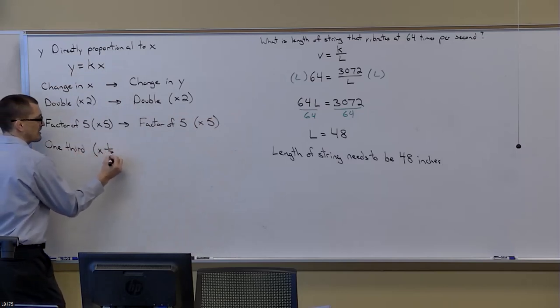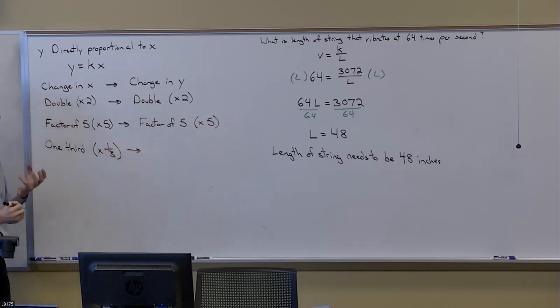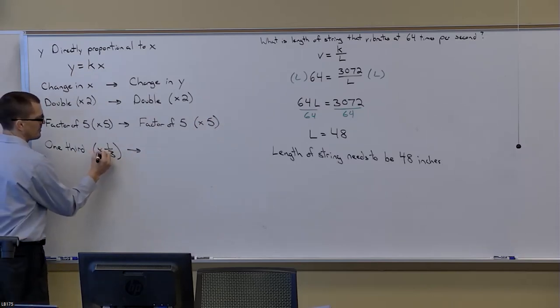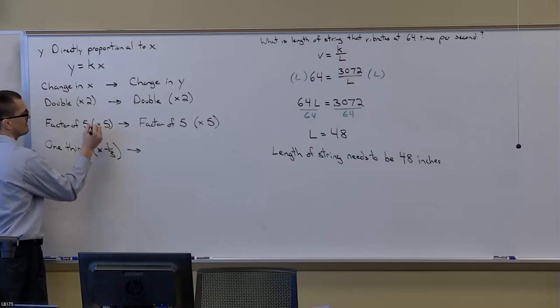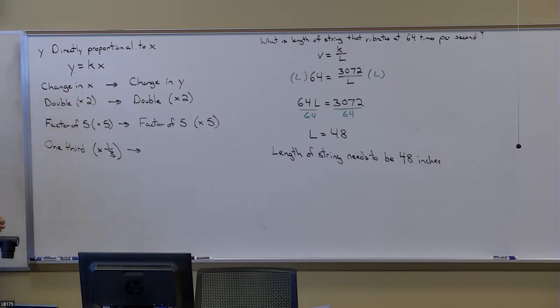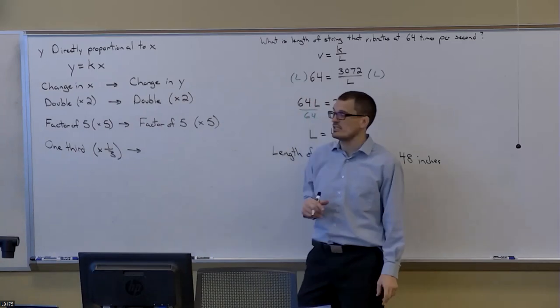But if you do a factor of, let's say, a third, that's going to decrease the size of x by multiplying. Hopefully this is not x2, this is times 2. Does everybody understand that? Times 5, times 1/3. So if you multiply by a third, what's the corresponding change in y going to be?